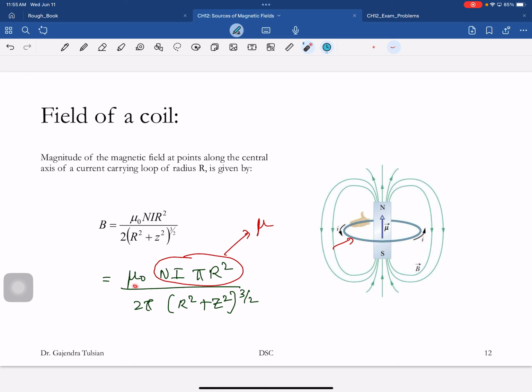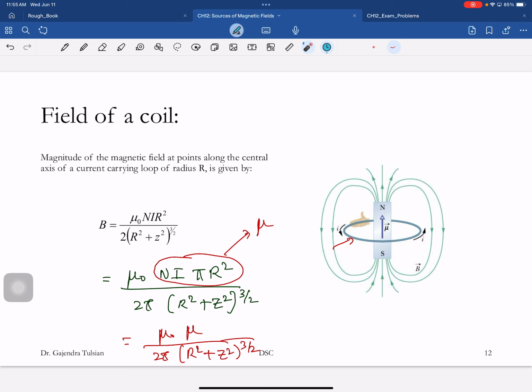And so mu naught mu divided by 2 pi. So this expression can be written as mu naught mu over 2 pi (R squared plus Z squared) to the power of 3/2.